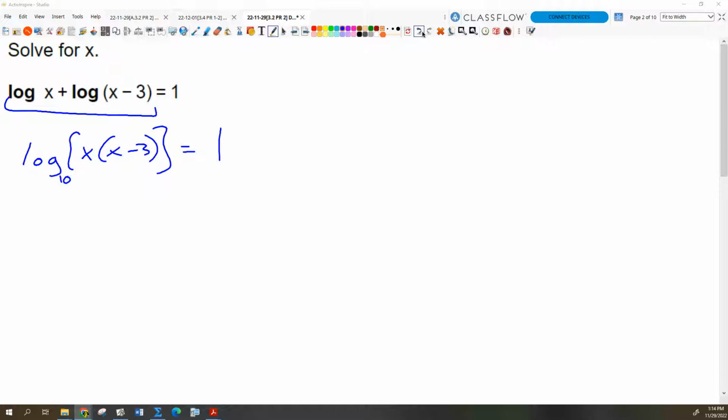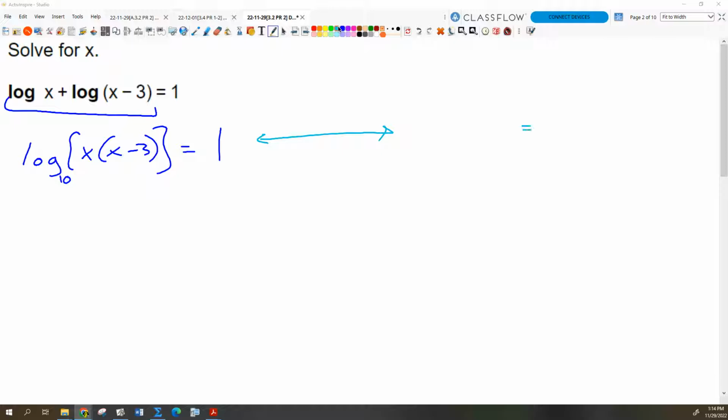Either way, what am I going to get with that? A log is an exponent. So what's the exponent here? 1, right? And we already know the base is 10.